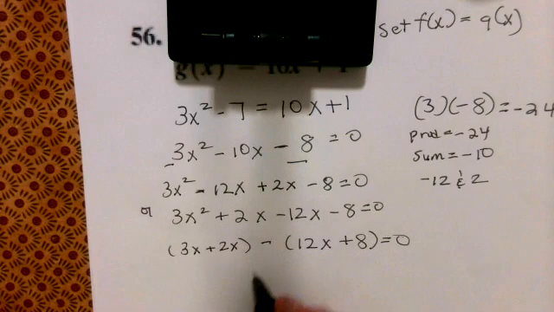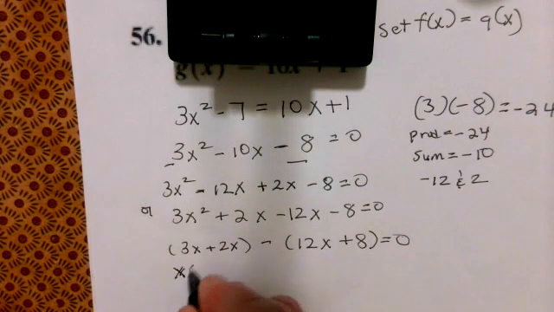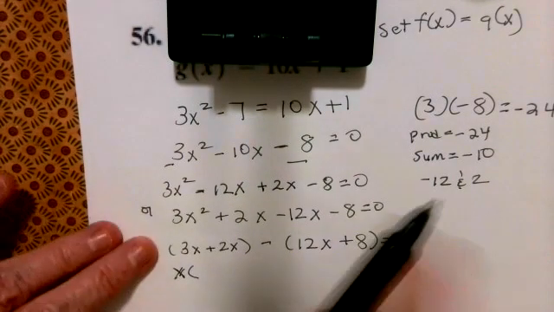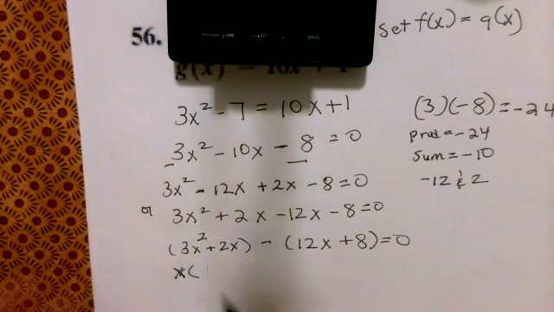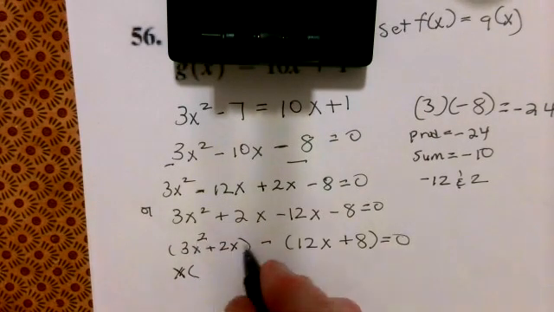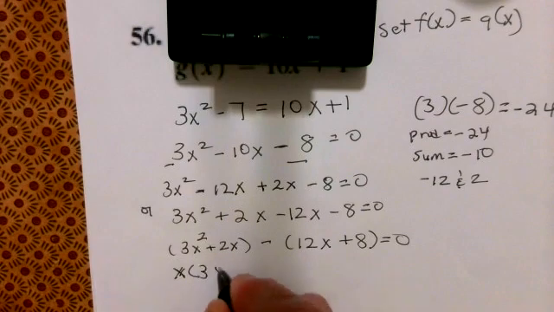Okay, so let's see. The greatest common factor here is an x. Oh, wait a minute. That's supposed to be an x squared right there, and something is wrong. So you can factor an x out, so I'll have a 3x plus 2.